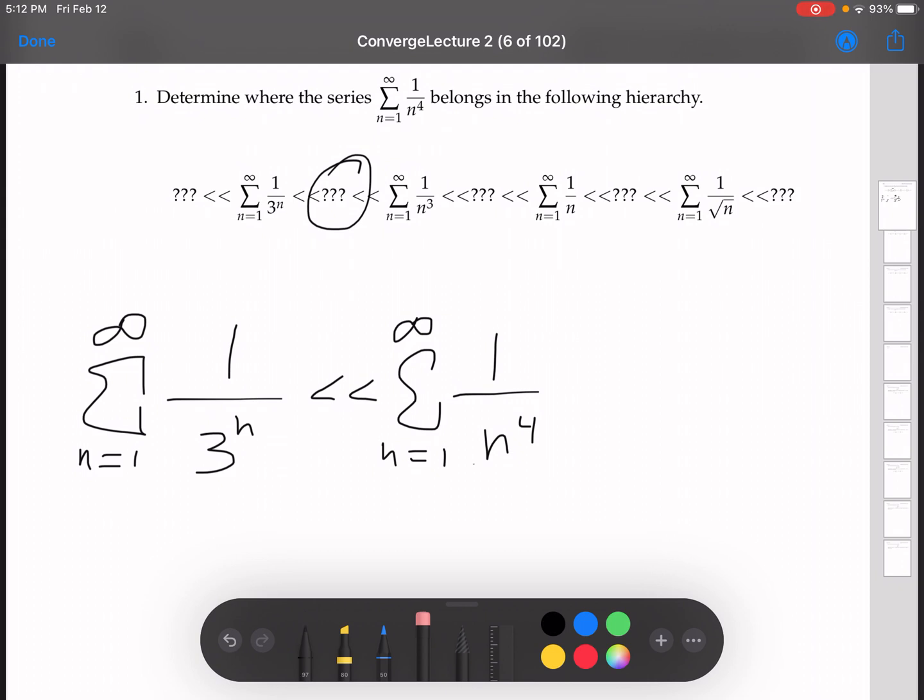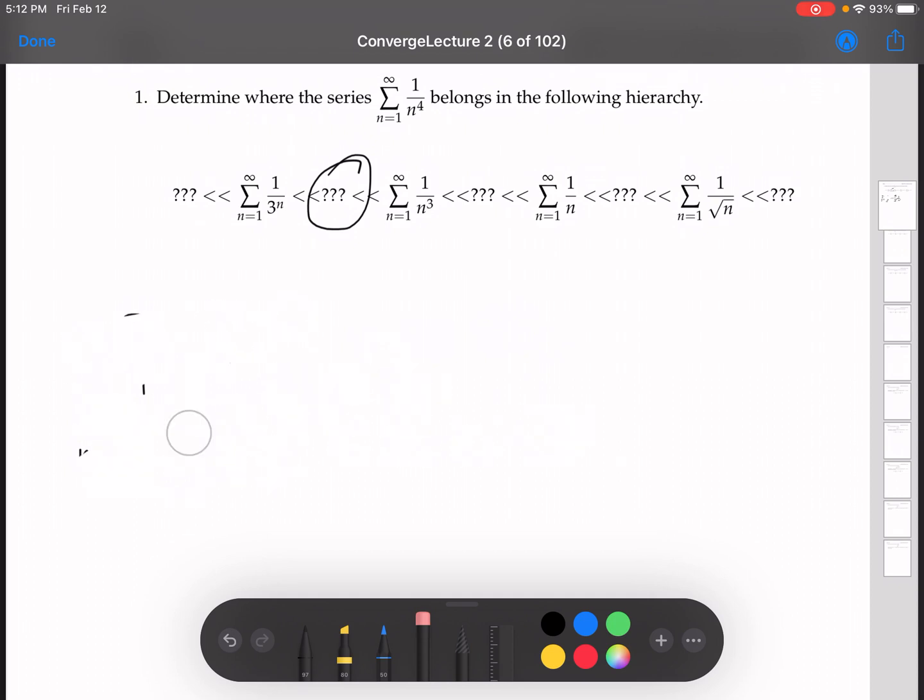Now, this sort of reasoning may be a little too ambiguous for you. If that's the case, let me show you another way to think about it. Our intuition, where we were saying dividing by more, told us that 1 over n to the fourth went to infinity slower than 1 over n cubed, because of this dividing by more idea.